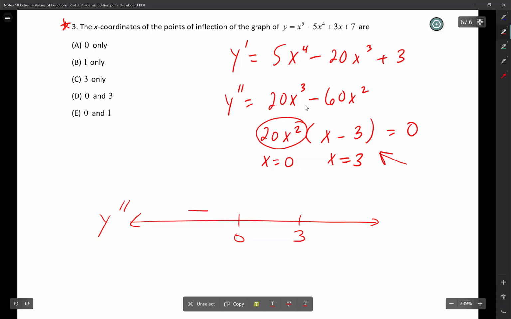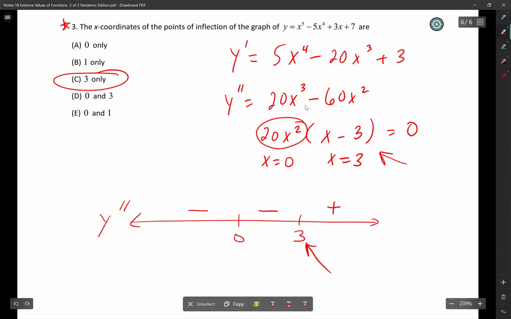Positive times a negative, negative. If I choose a 1, positive times 1 minus 3, that's a negative. Positive times a negative, negative. If I choose a 5, positive times 5 minus 3 is a positive. Positive times a positive, positive. There's only one. It looks like there's a point of inflection at x equals 3.